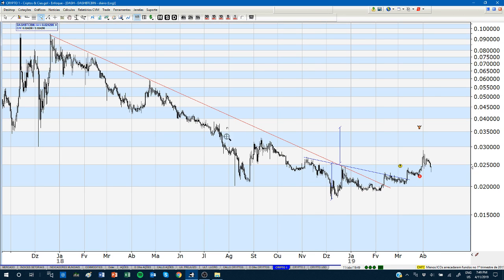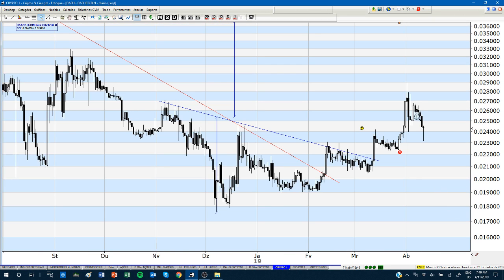Dash felt hard today, but as you see, it's giving us a very nice hammer, and that is happening when it just touched the support area here, the top of this last continuation pattern, right? So that's bullish, I would say.